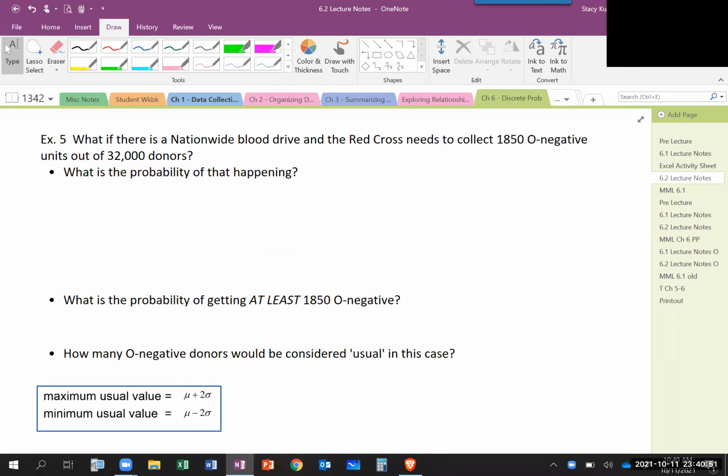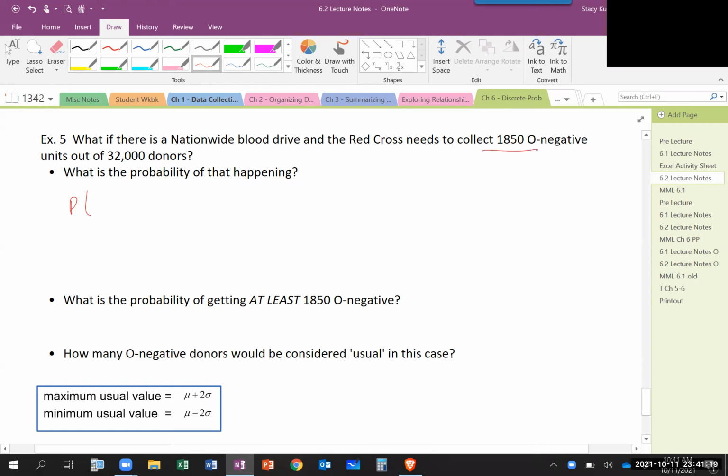And I'm trying to hit 32,000 people nationwide, right? So in our nation, we want to try to get 32,000 people coming to a blood drive. We already know that this is a binomial distribution.